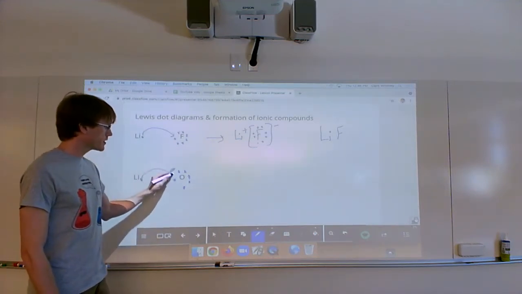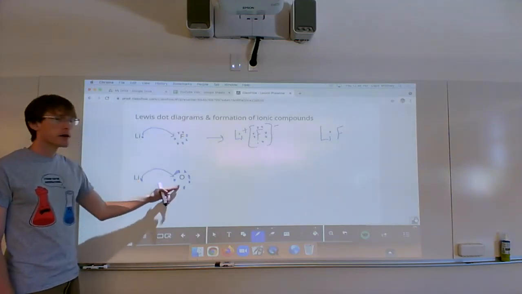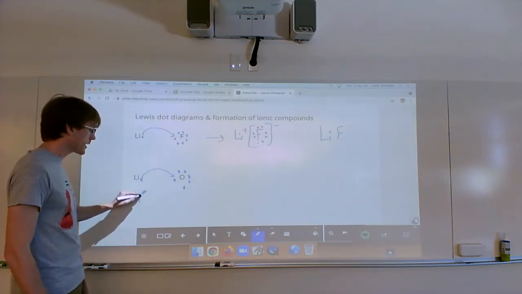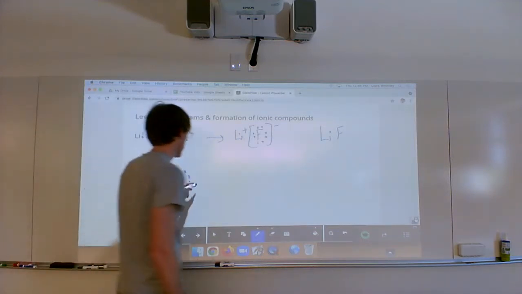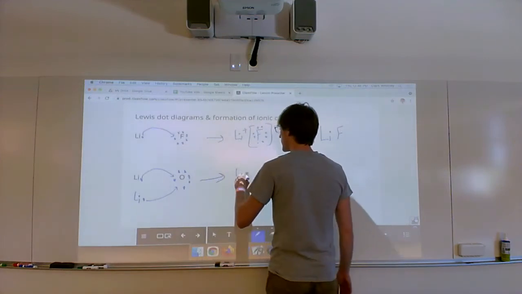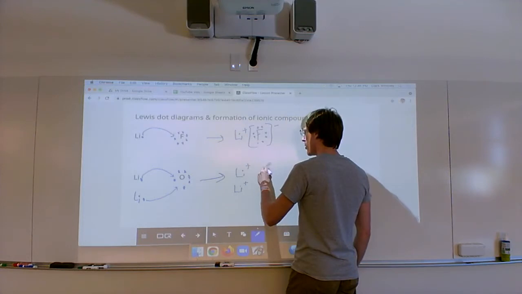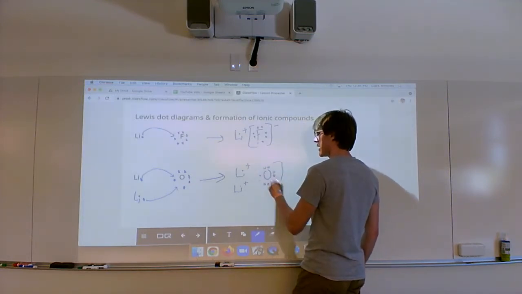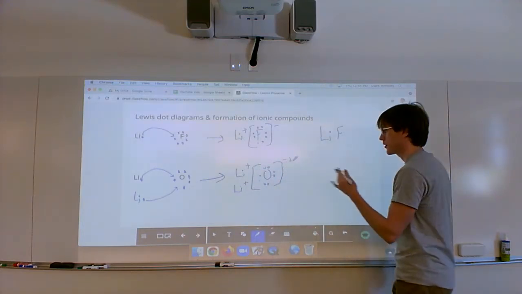Now, lithium still wants to give an electron to oxygen, but that's all it can give, and oxygen still needs another electron, and that is why a second lithium atom with a valence electron will transfer that electron to the same oxygen, and what we get is Li+, another Li+, and an O that now has its full outermost shell, having gained 2 electrons, which makes it 2- charged.